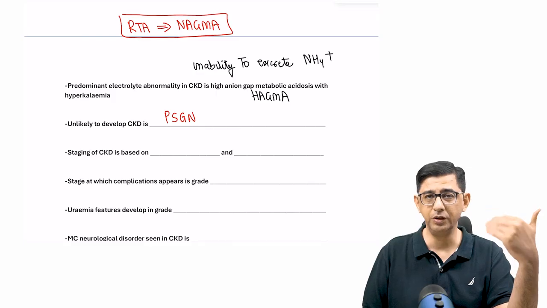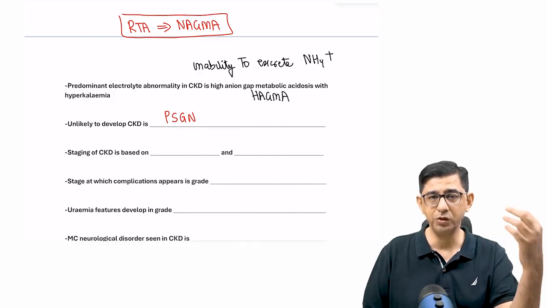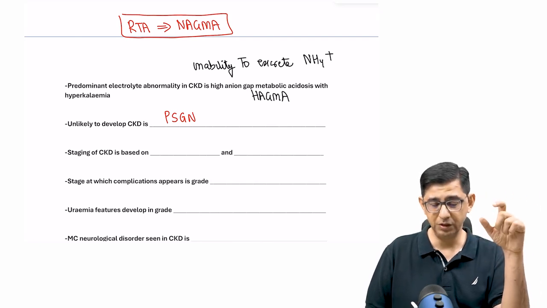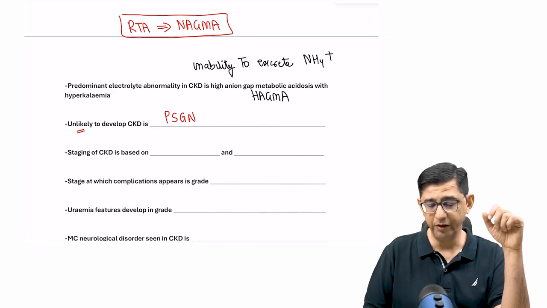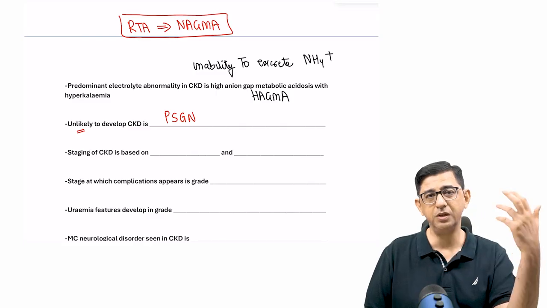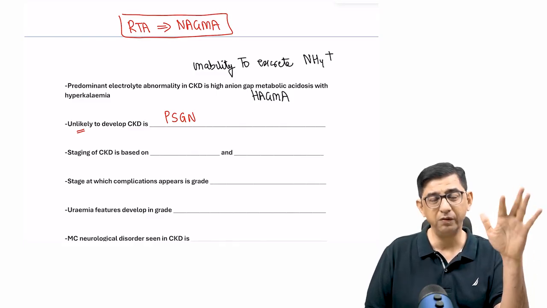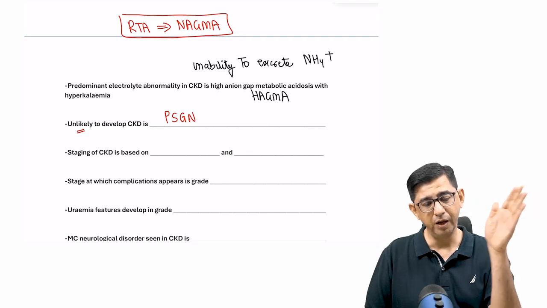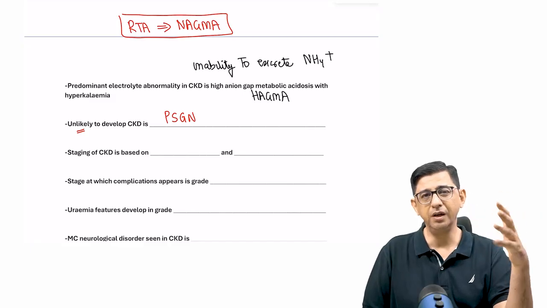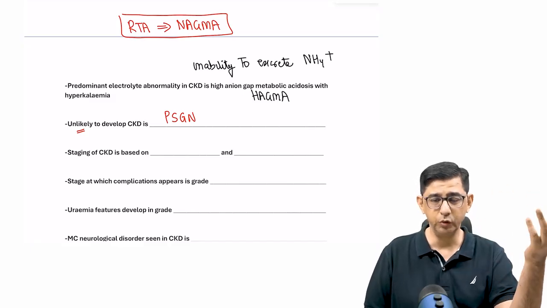It's usually found in children or teenagers, that is post-streptococcal glomerulonephritis. So among the list of disorders, the least likely to go into chronic kidney disease is PSGN. All other varieties of GN, like RPGN, MPGN, MGN, whatever varieties he will write, have a higher propensity to go towards CKD. But in PSGN, there's a transient decrease in the complement level, and usually we get good chances of recovery.